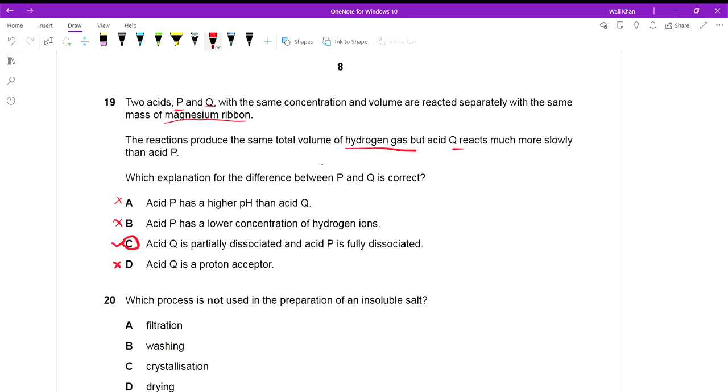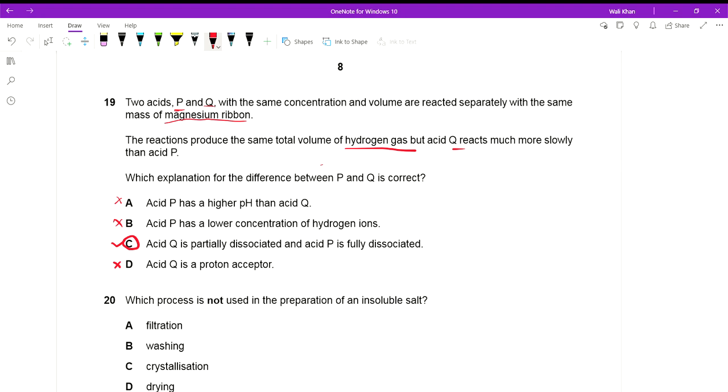Acid P reacts faster, which indicates that it has a high concentration of hydrogen ions, so it is fully dissociated. Acid Q is partially dissociated because it has a lower concentration of hydrogen ions.